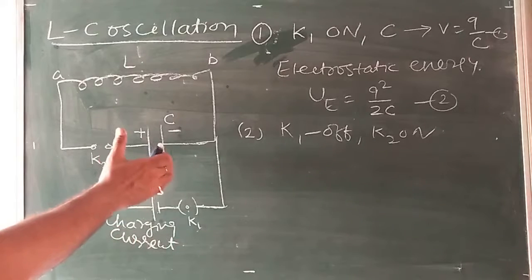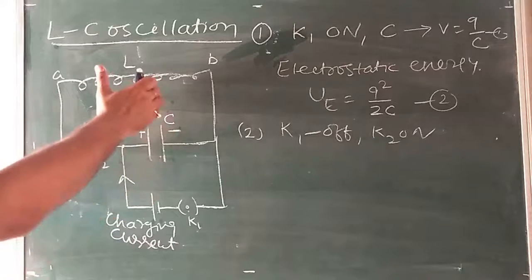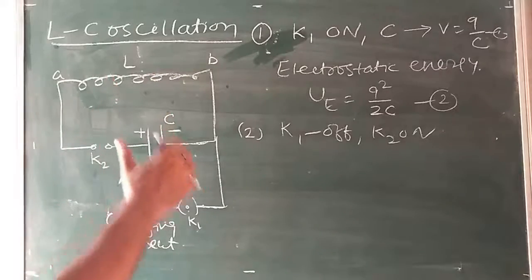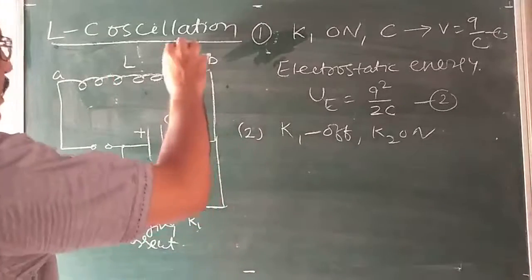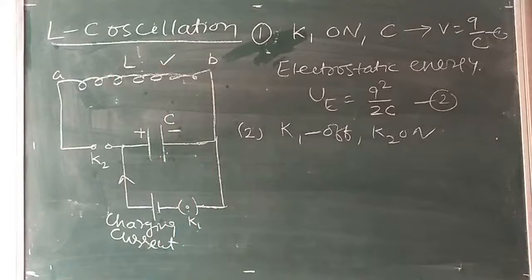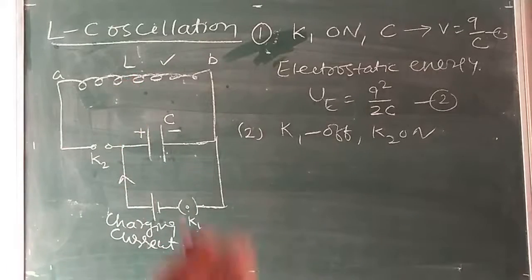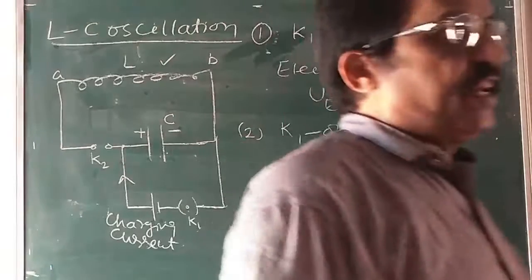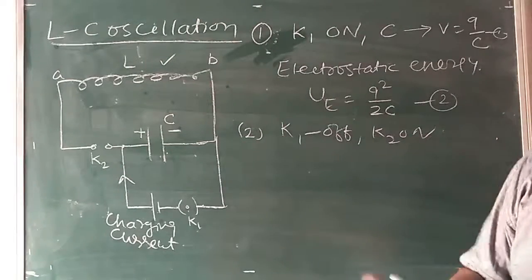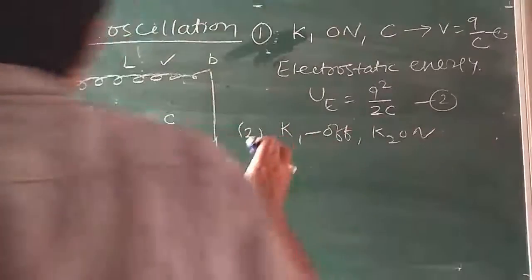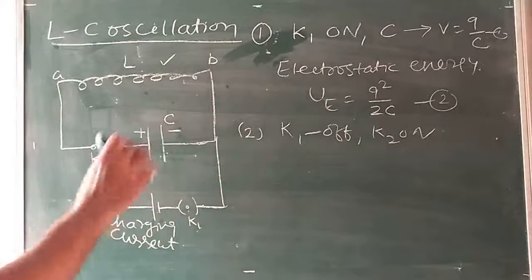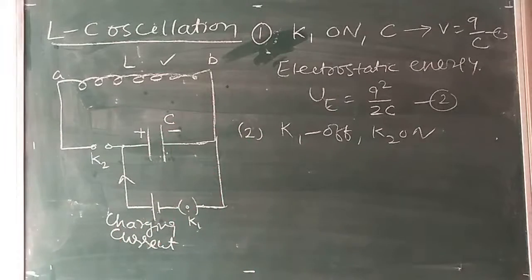The charged capacitor is connected to L and starts discharging through L, and an induced EMF develops in the circuit, which will oppose the growth of the current. It is clear that we have seen this earlier.